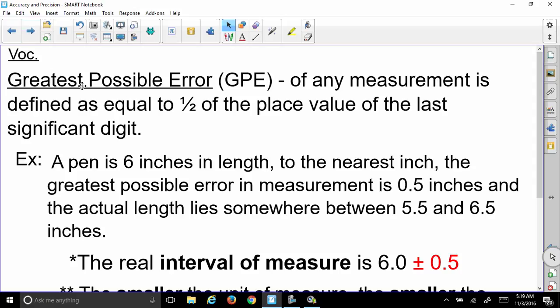And greatest possible error, GPE, of any measurement is defined as equal to half of the place value of the last significant digit. Here's an example. If you have a pen that's 6 inches in length to the nearest inch, the greatest possible error in measurement is 0.5 inches, and the actual length lies somewhere between 5.5 and 6.5 inches.